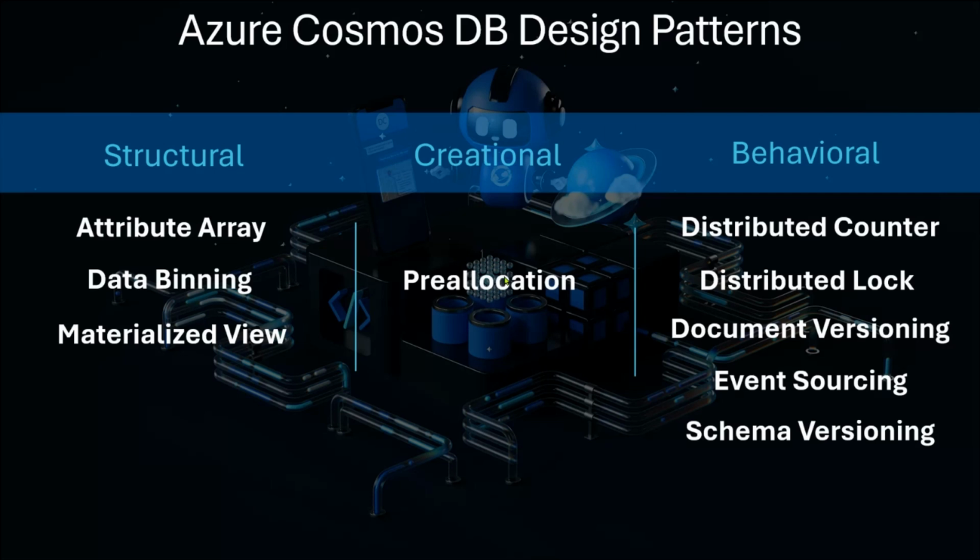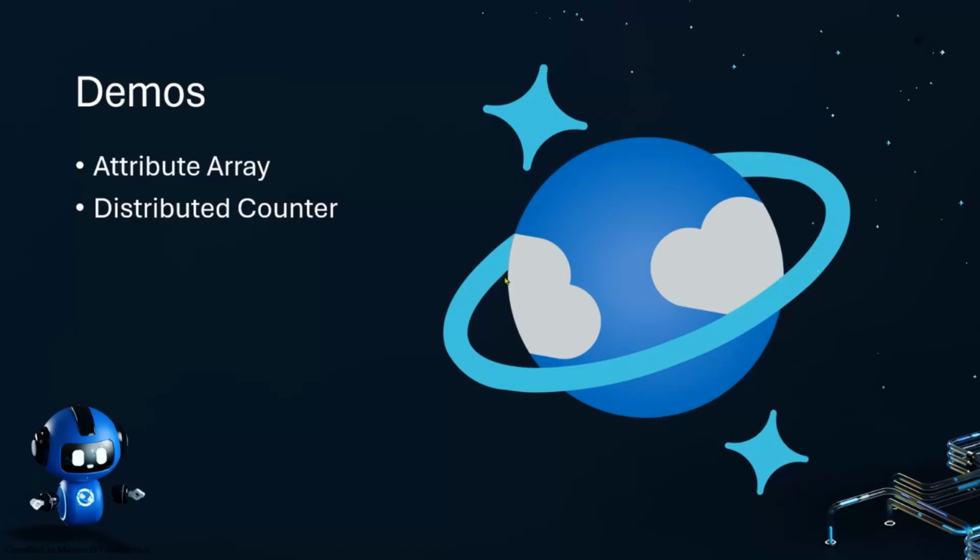From attribute array to materialized view, we can see there's one right now on creational called pre-allocation, and behavioral ones like distributed counting, document versioning, and schema versioning. Some of these you might have heard before and can also be applied to other NoSQL architectures outside of Azure Cosmos DB. So with that, the moment you've been waiting for, we're going to get into two particular demos.